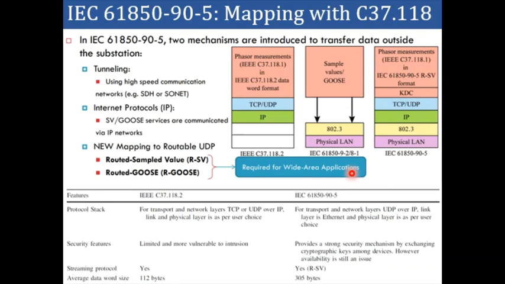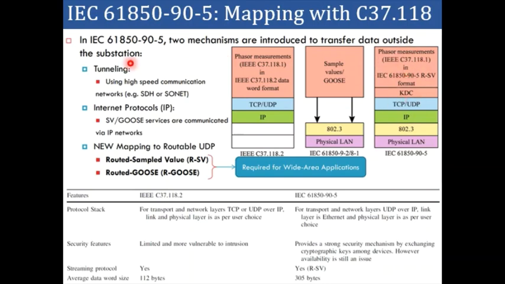So in this case, since we know that IEEE C37.118 uses the standard TCP, UDP as well as IP layers for the data communication, and GOOSE and sampled value are not utilizing the IP and TCP or UDP layers for data communication, we need to add the TCP or UDP as well as IP layers for the data communication of phasor measurement unit data.